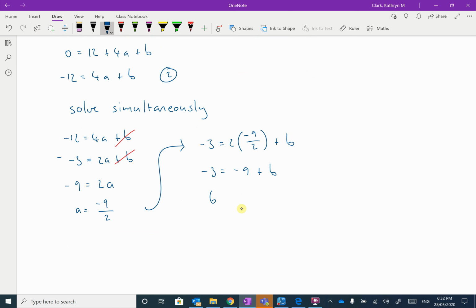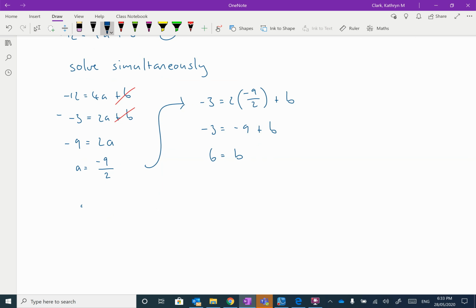So 6 will equal b. There's another one. 6's and b's, they look the same as well. So make sure they don't look the same. Alright, and then finally we should state our values for a, b, and c. So a is -9 on 2, b is 6, and c is 5.